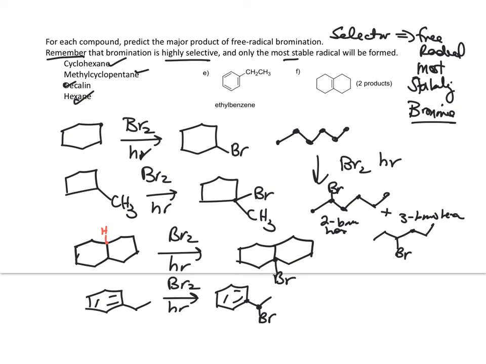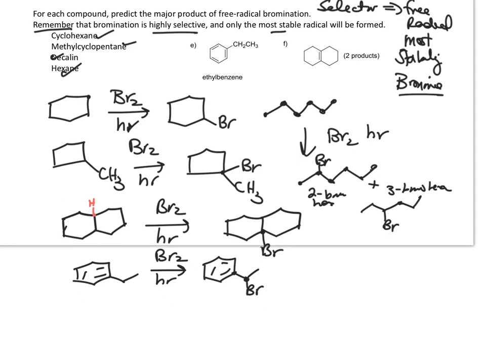And then F appears to have an allylic radical, so let's do F. And here's your bromine, H nu. So your benzyl radical would be here, or your allylic radical, sorry. Allylic radical would be there.